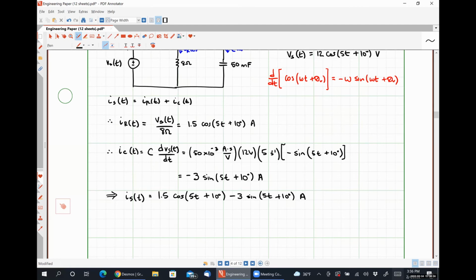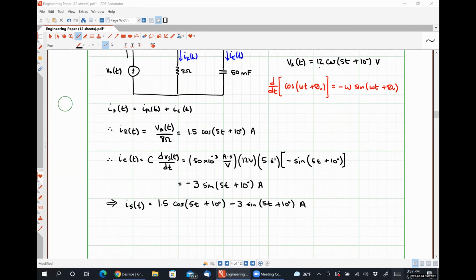Does anybody have a problem with this? Quick question. Where did the 12 volts and the 5 seconds to the -1 come from? So the 12 comes from this guy and the 5 comes from here. Thank you.